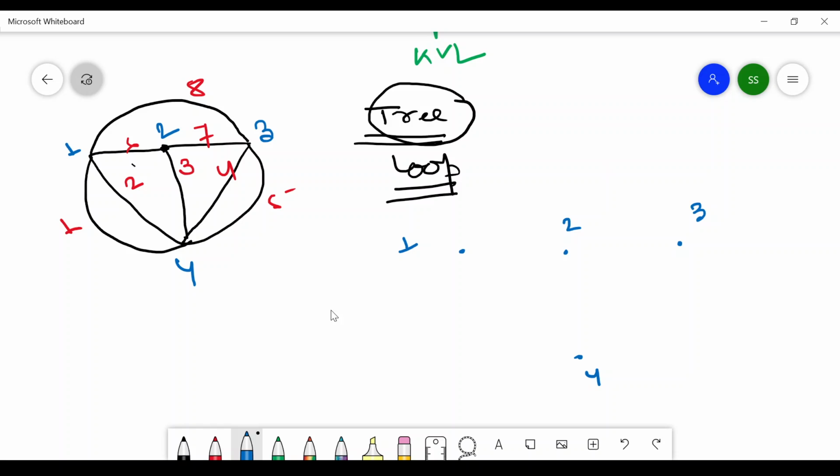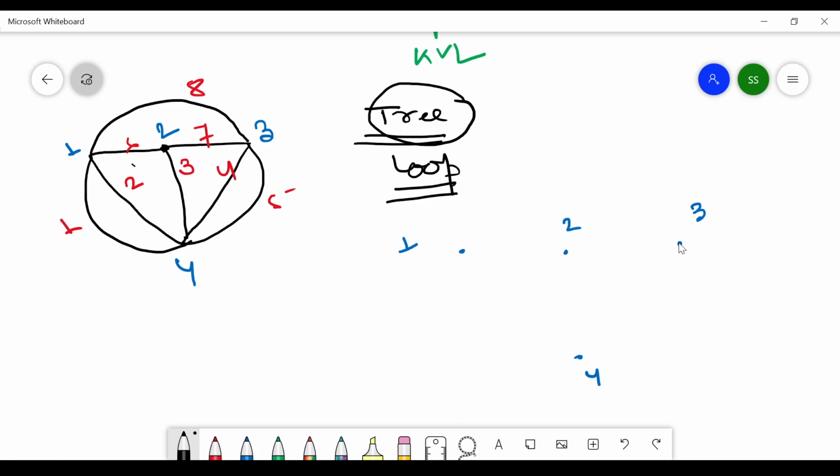Now, to get a particular tree, we have to connect all those nodes using those branches, but we have to ensure that it does not make any kind of loop.